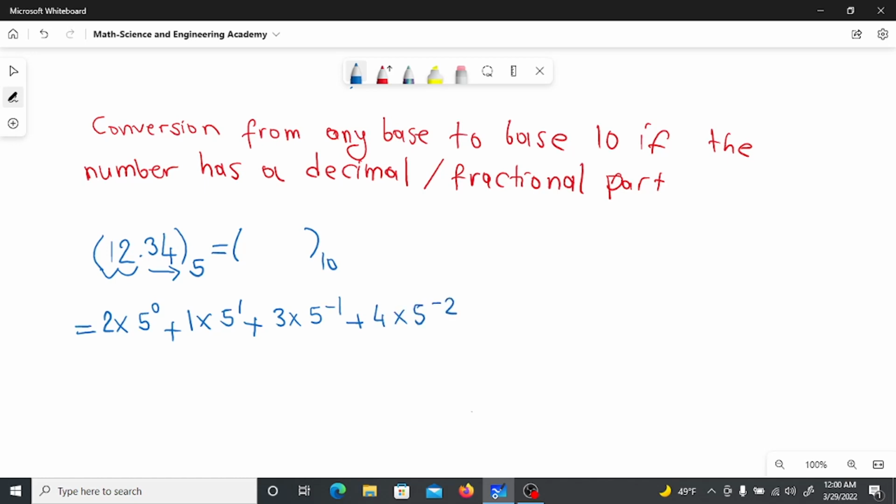We know from math classes that 5 to the minus 1 can be written as 1 over 5, and 5 to the minus 2 as 1 over 5 squared, or 1 over 25.